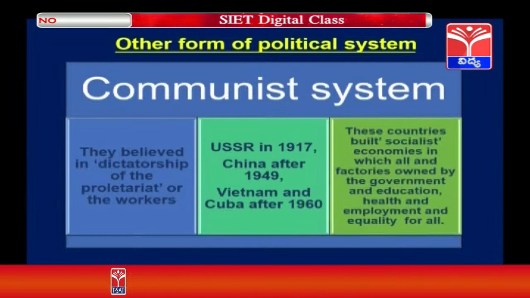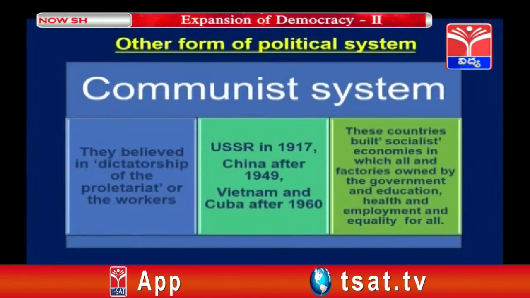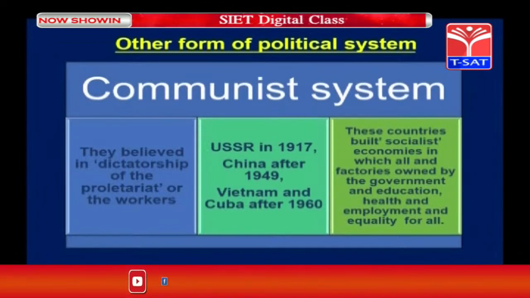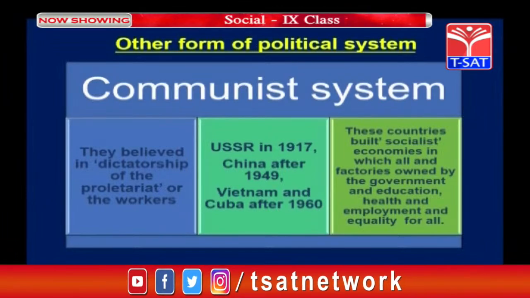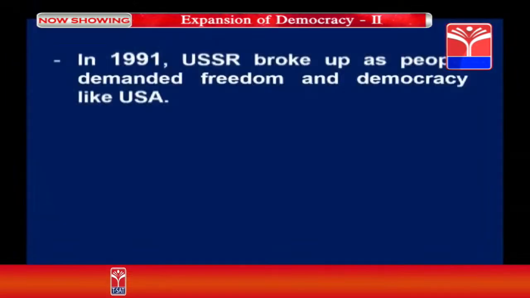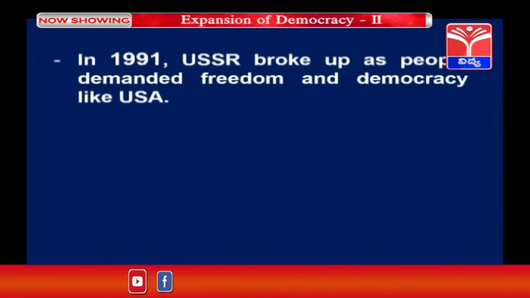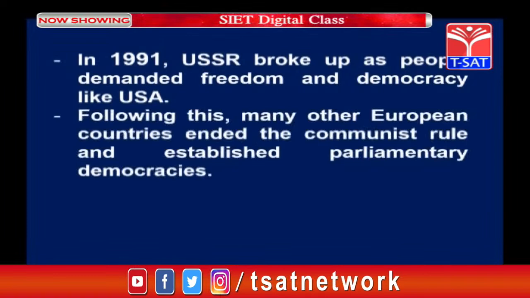These countries built socialist economies in which all the factories are owned by the government, and education, health, employment and even equality were provided for all in the country. After 1991, the USSR, United Soviet Socialist Republic, broke up and people demanded freedom and democracy like the USA.